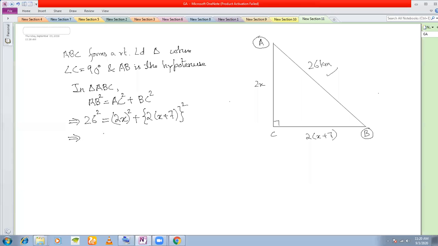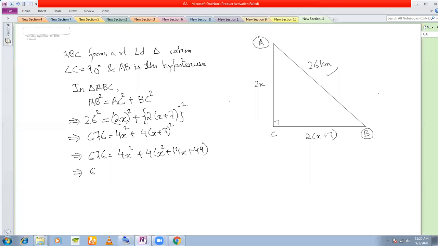I don't know whether in this limited time I'll be able to solve this equation. I could try. So 26 square is 676, 4x square, and this will be 4 times x plus 7 whole square. So this means 676 is equal to 4x square plus 4 times x square plus 14x plus 49.